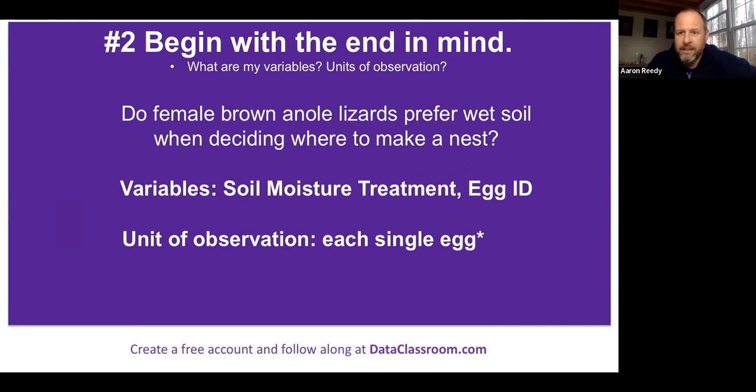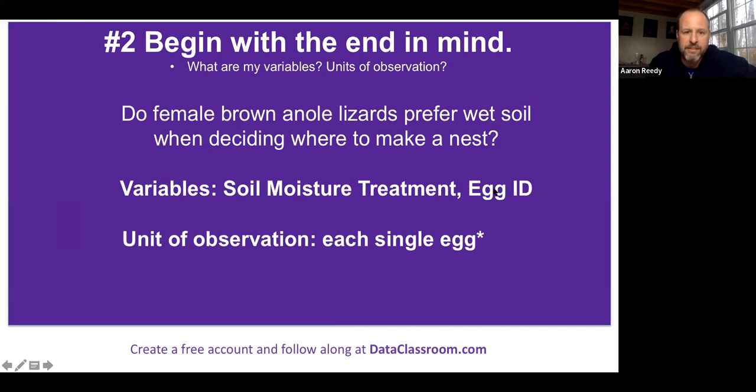In a simple design, the value would be either wet or dry. In the design we used, the value was one of 5 moisture treatments: 0% moisture in the soil, 12.5%, 25%, 50%, or 75%. And then we also recorded the egg ID.